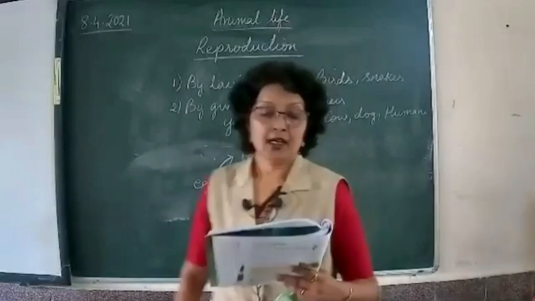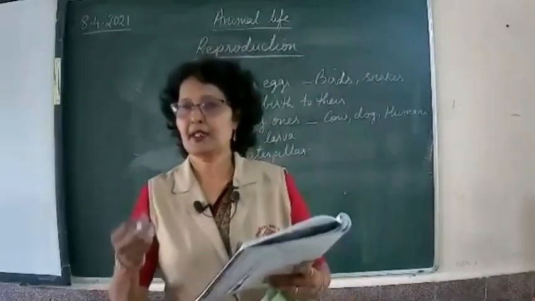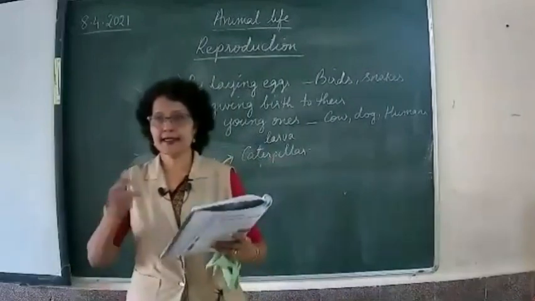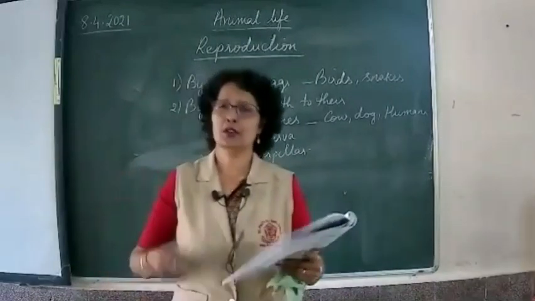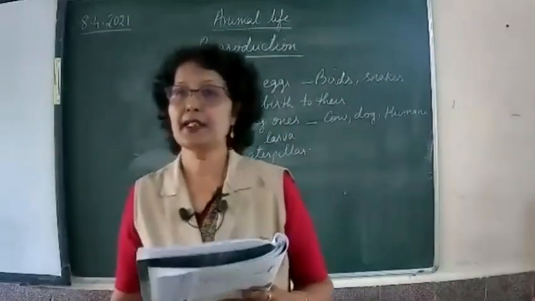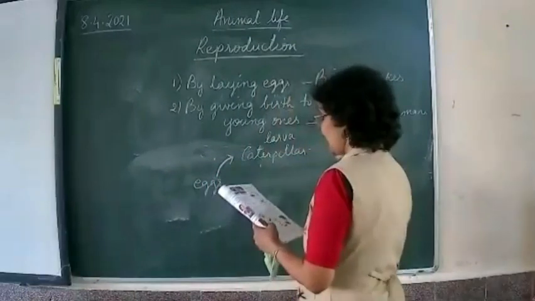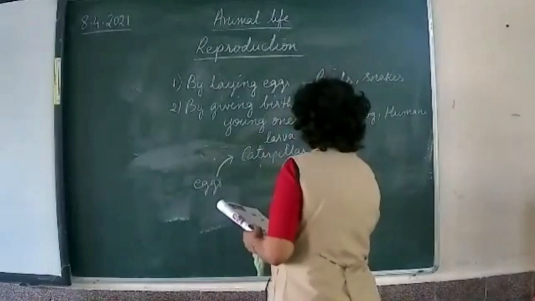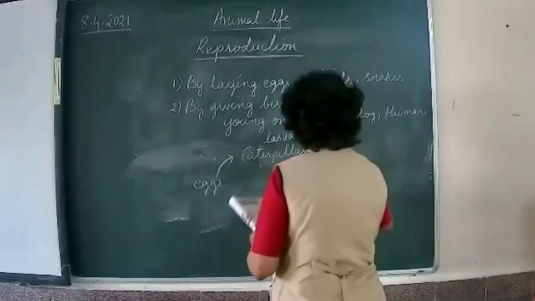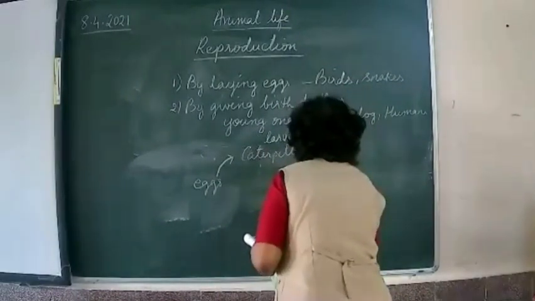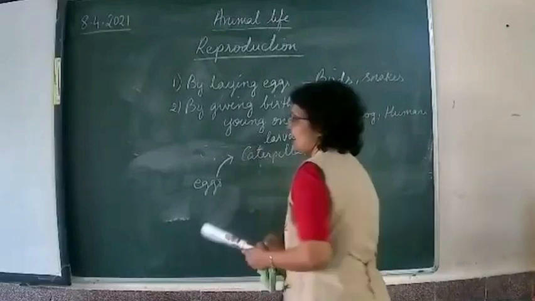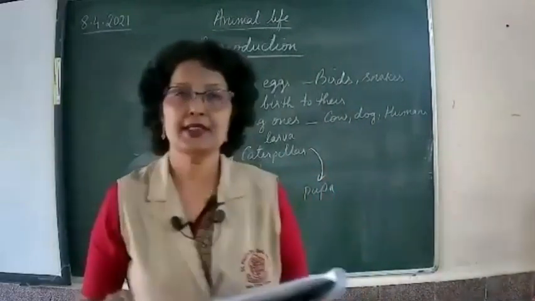Now what happens when the larva comes out of the egg? It eats greedily. It feels very hungry, so it eats a lot of food and quickly grows in size. After some days, it stops eating and changes into a pupa. Pupa is a resting stage.